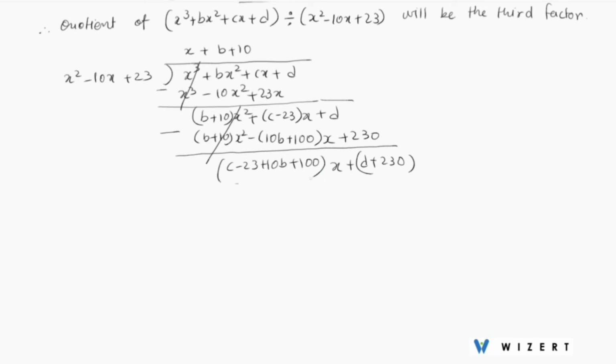Now looking at the degree of remainder, it's x. So x square minus 10x plus 23 can no longer divide this further.